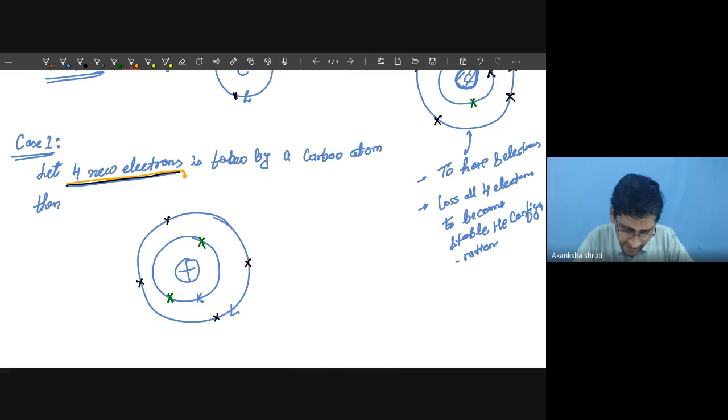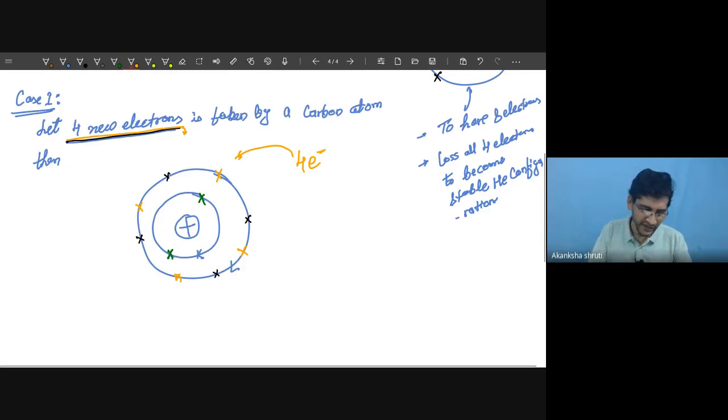So let us consider 4 electrons being taken. While putting these 4 electrons, I am going to put them here, here, here, and here. If you are putting these 4 electrons, then what is happening? Observe here.